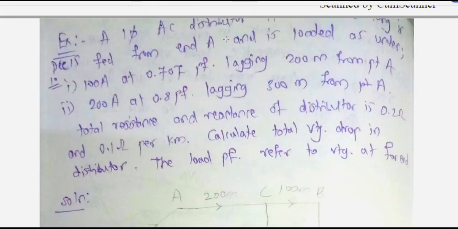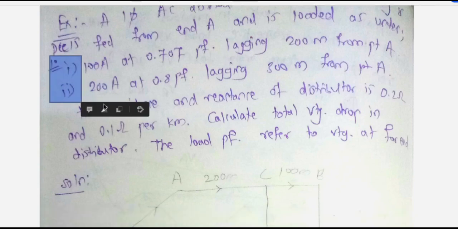A single phase AC distributor is fed from end A and is loaded as under: 100 ampere at 0.707 power factor lagging 200 meter from point A, 200 ampere at 0.8 power factor lagging 300 meter from point A. So these two conditions they have given.